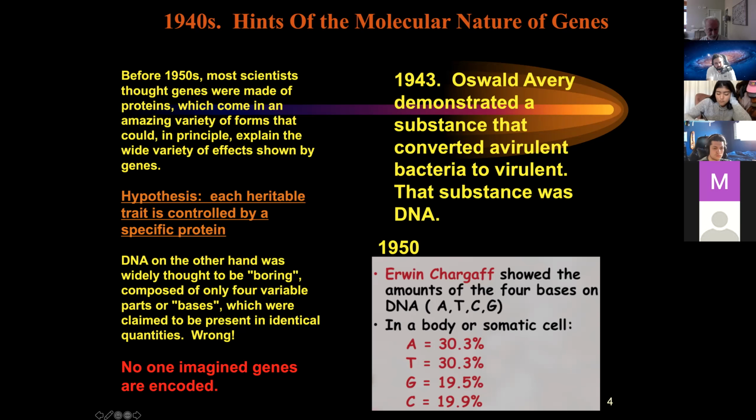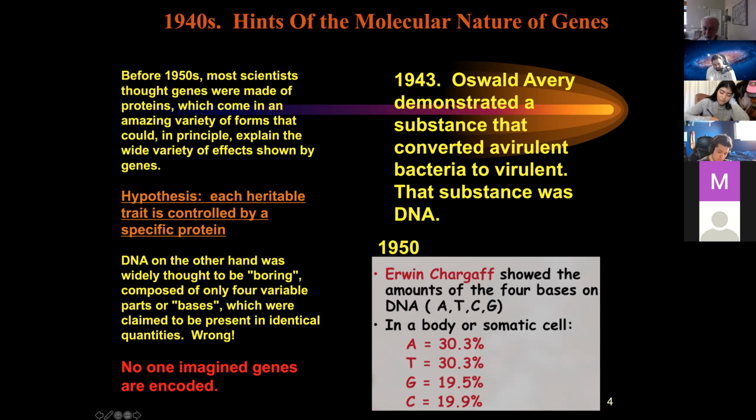They knew that. And they were claimed to be present in identical quantities, which turned out to be wrong. But at that time, no one imagined that genes are encoded, that each gene has a specific code based on the 4 variable parts.